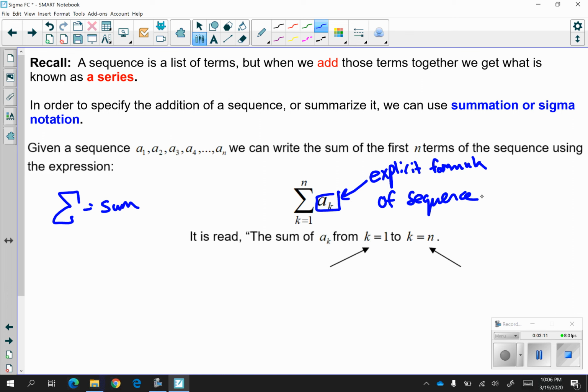So k equals 1 is your lower bound. It's called your starting term. K equals n, the n up top is your upper bound.